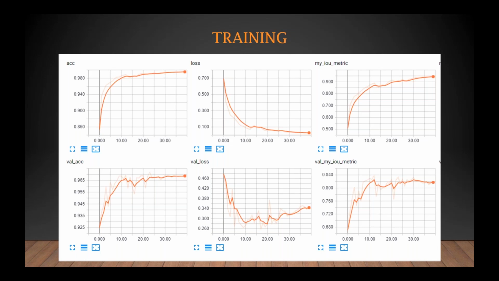The training validation split ratio is 0.8, so the training data is 64,000 and the validation data is 1,600. You can see here that after some point the IOU score stops increasing, and the loss actually starts increasing.